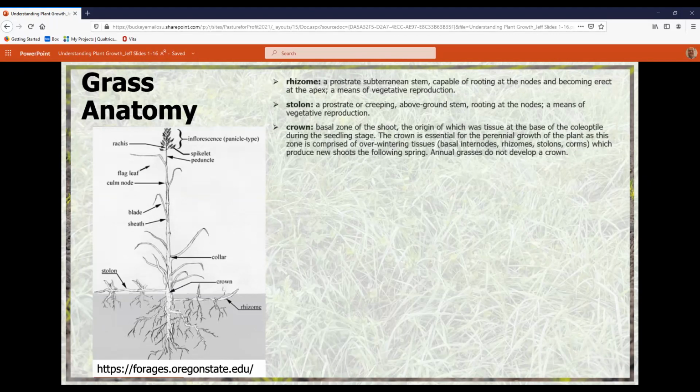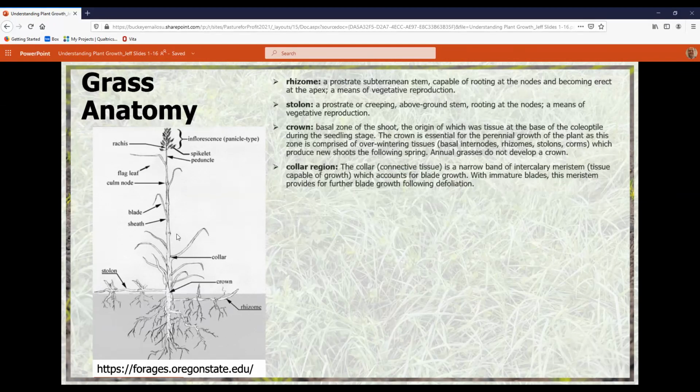For some grasses, this is where carbohydrates are stored over winter to help the plant survive winter. So it's a lot of the growth tissue associated with our grass plants. So the crown is an important region.